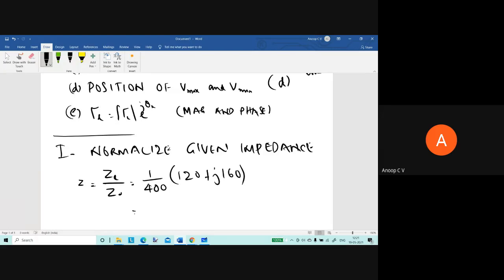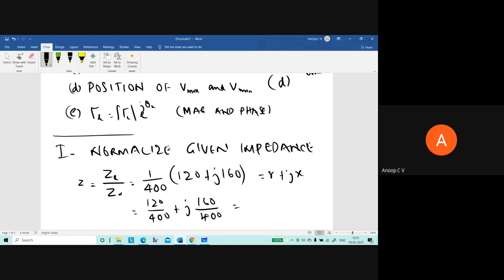So this is equal to R plus jX. What is 120 by 400? So I'll write 120 by 400 plus j times 160 by 400.